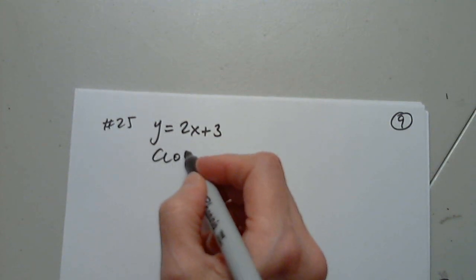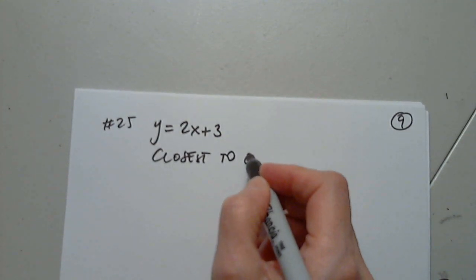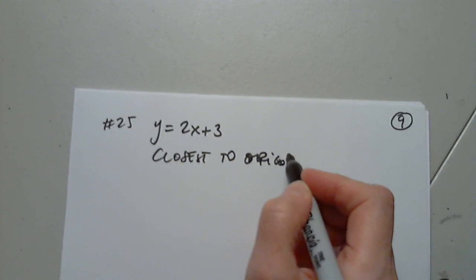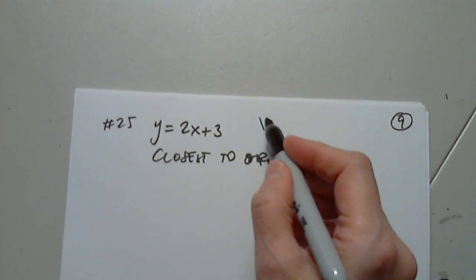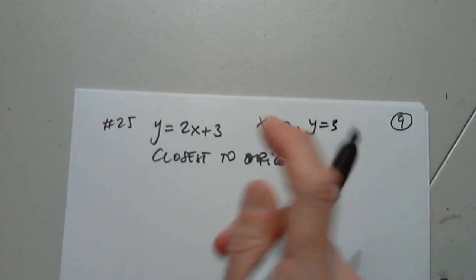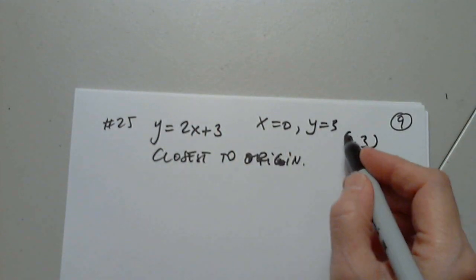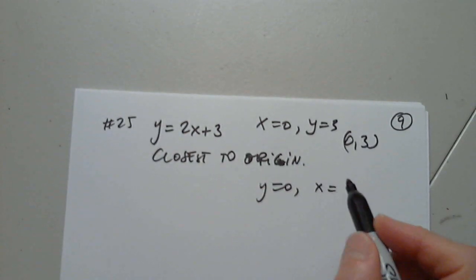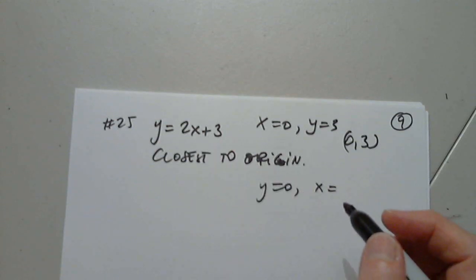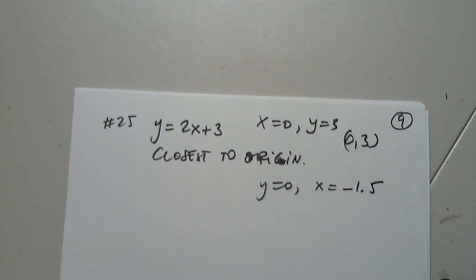Closest to the origin. What does closest to the origin mean? So find the point on the line y equals 2x plus 3 that is closest to the origin. So when x is 0, y is 3, so 0, 3. When y is 0, x is negative 3 over 2, negative 1.5.